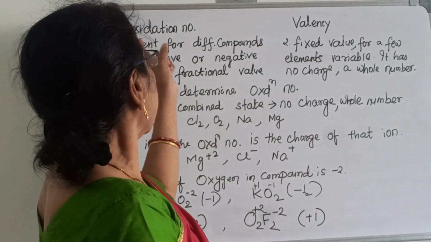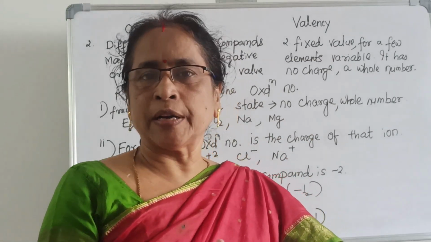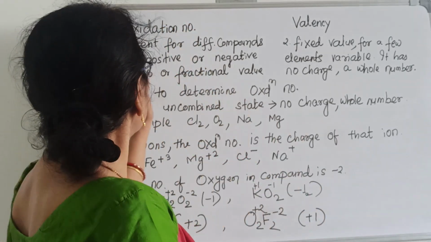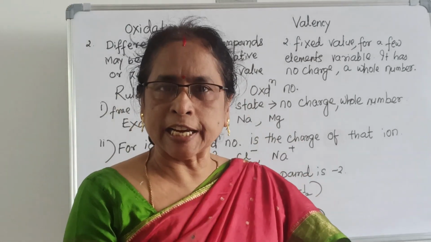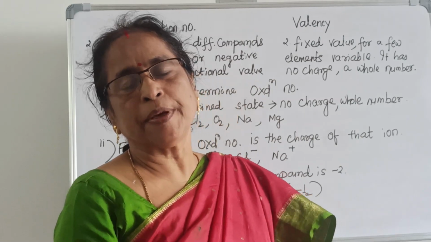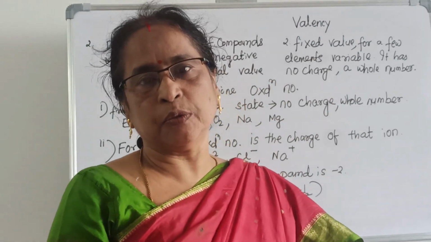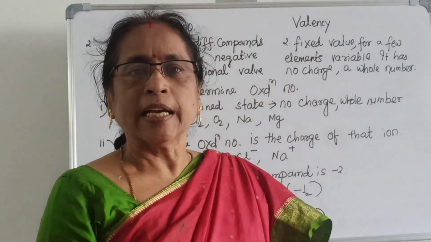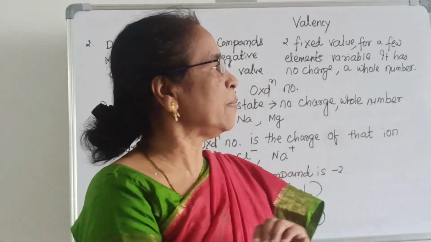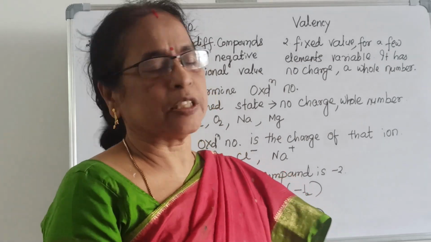Again see, oxidation number is different for different compounds, and it may be positive, negative, 0, or a fractional number, whereas valency is a fixed value. It is a whole number. It is variable only for a few elements, and it has no charge.